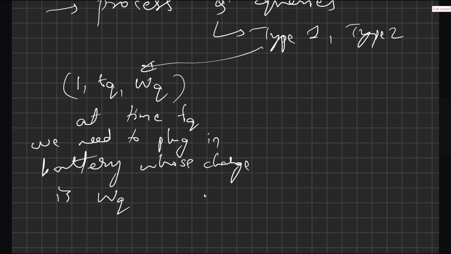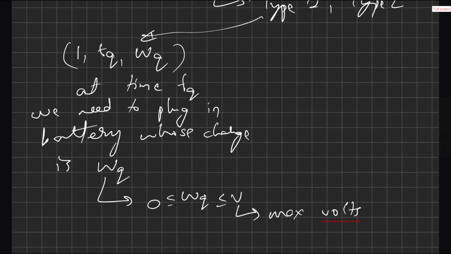This wq will be in the range from 0 to V, because V is the maximum volts a battery can have, basically the maximum charge. Beyond this we cannot have.